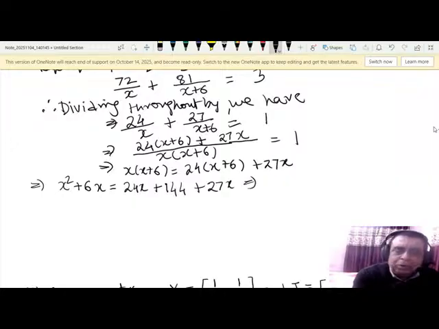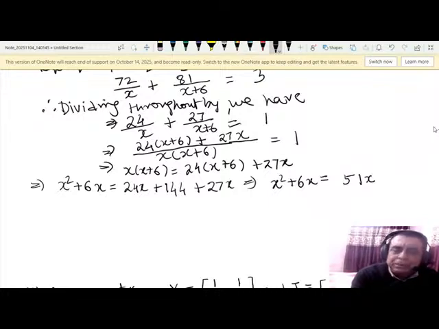Now bring all the terms to the left. x squared plus 6x. First we are simplifying and writing it on the right. So 24 plus 27 is, 7 plus 4 is 11, carry 1, 2 plus 2 is 4 plus 1, 5.